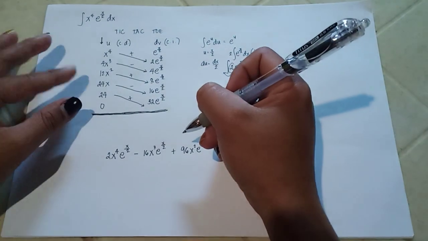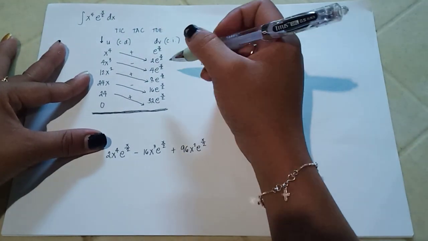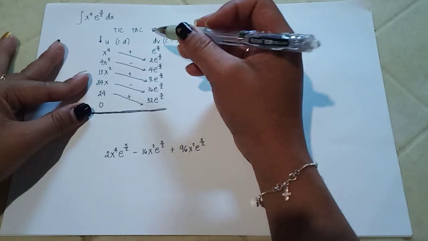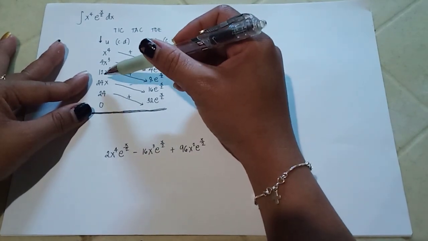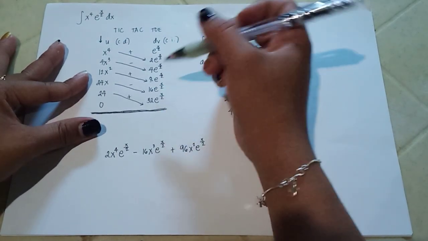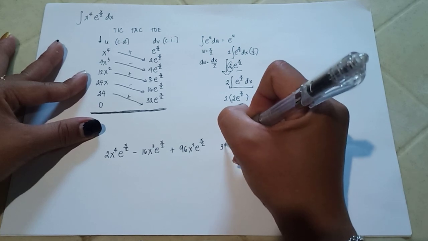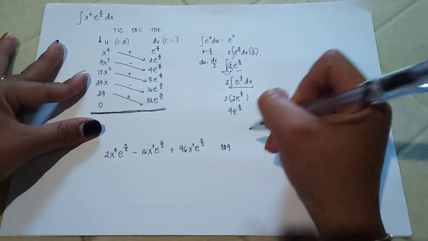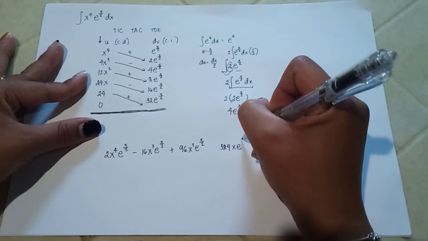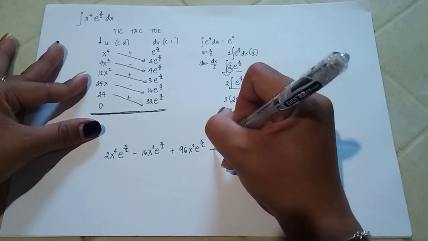Then you will now have 24x multiplied by 16 e raised to x over 2, that is 384x e raised to x over 2 multiplied by negative, that is negative.